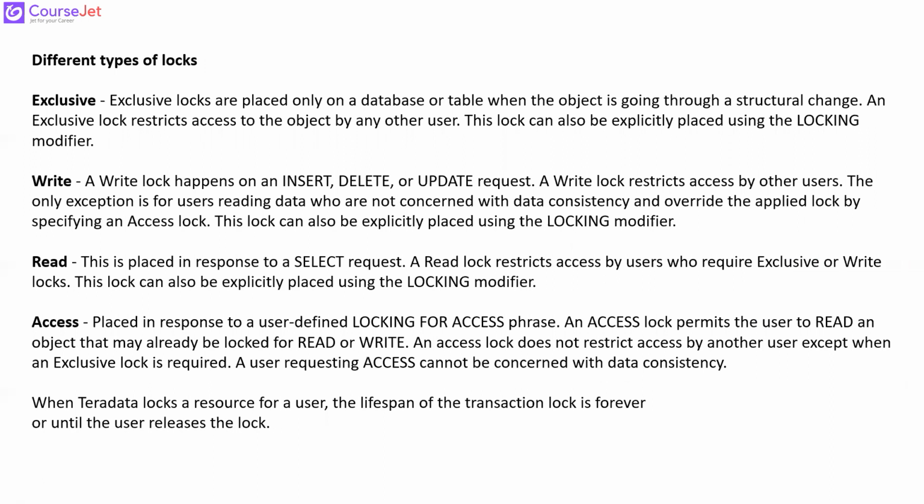In that case, an exclusive lock will be placed on that object, and no other user will be able to access it until the lock is released. So an exclusive lock restricts access to the object by any other user. And this lock can also be explicitly placed using the locking modifier. We'll be seeing what this locking modifier is in coming slides.